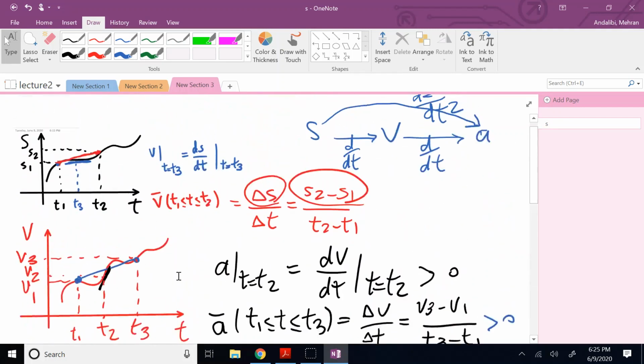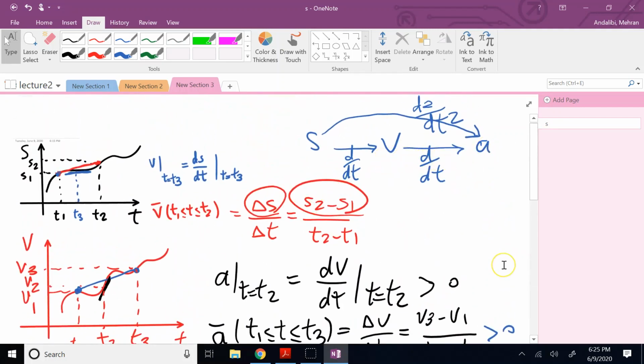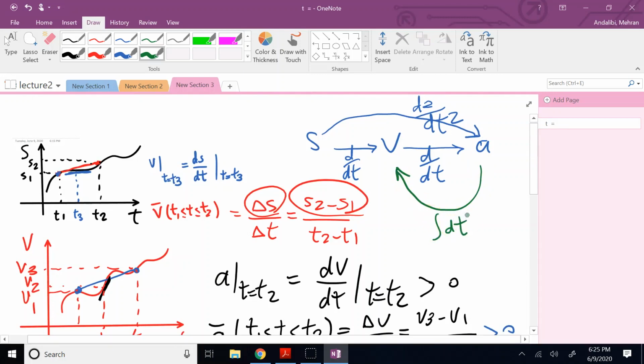Okay, so whenever we want to go back from a to v, how do we go back? By doing integral. And of course we need to know what? Some initial condition. And similarly, when I want to go back from v to s, again, I need to do what? Integral.